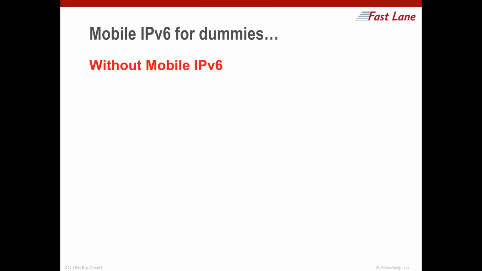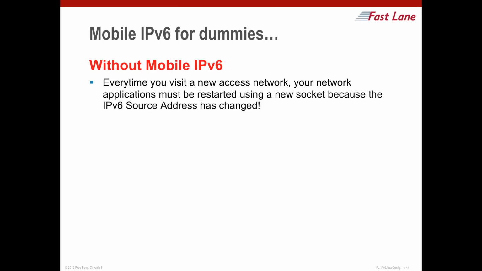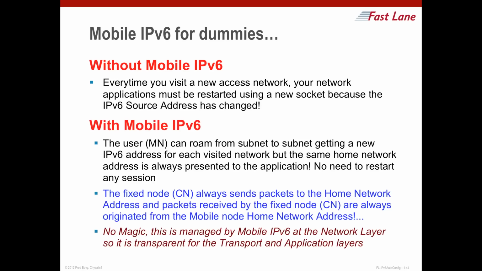Without mobile IPv6, every time you visit a new access network, you get a new address, and because you get a new address, the sockets must be restarted, the applications must be restarted using a new socket. And so you need to log in again every time you move to a new location.